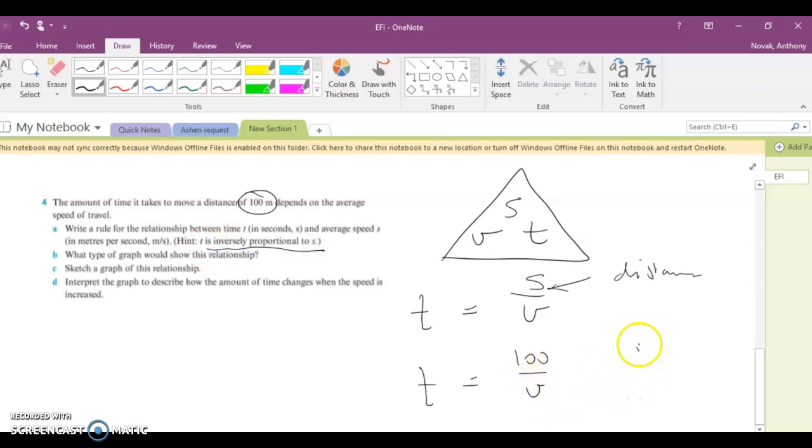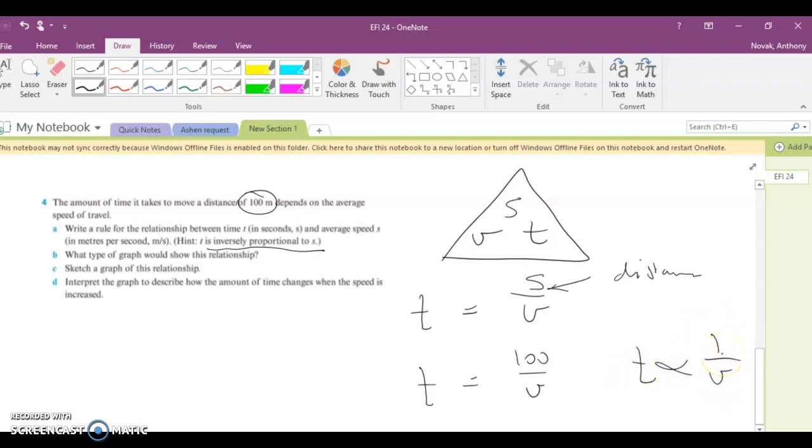In other words, as you'll learn in lots of subjects, including physics, we could write this as T is proportional instead of the equal sign, to 1 over V. So T is proportional to the inverse of V.